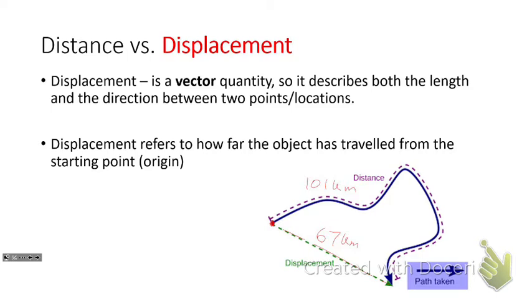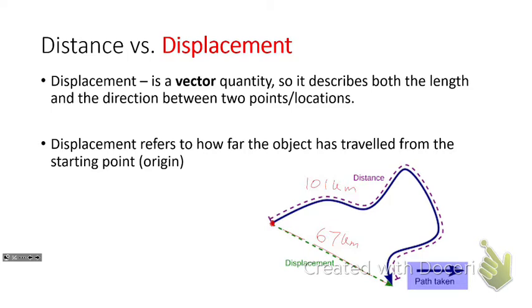Now, for displacement, the symbol is close to the one for distance, and I don't want you to get these confused. Displacement is also going to be delta D, but because it is a vector quantity, it's going to have a little vector hat, a vector arrow, on top of it.